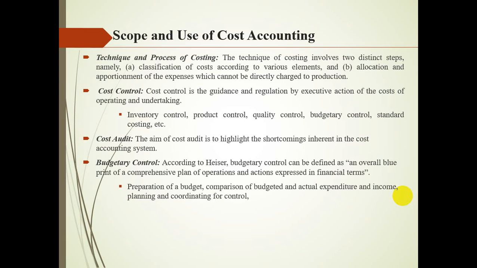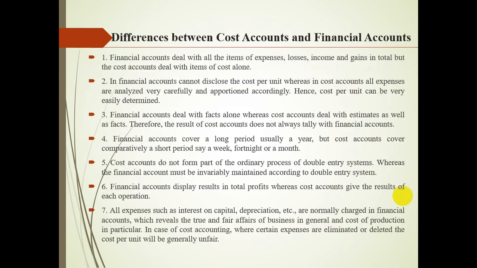You will control your expenditures as well as generate income for the organization. Generating income for the organization is a positive point, and this is how to minimize the cost and control the budget of the organization for production or for services. So this is the scope of cost accounting.